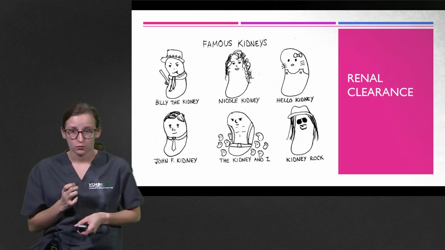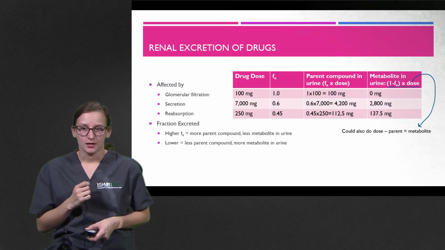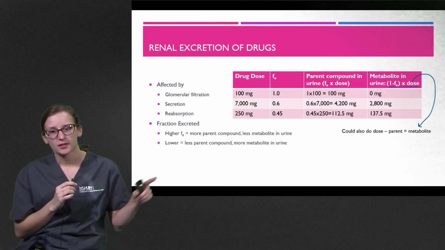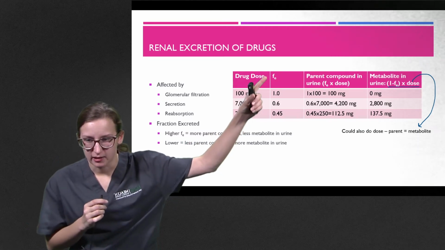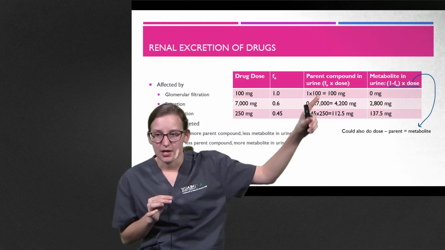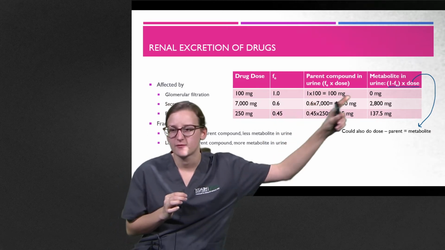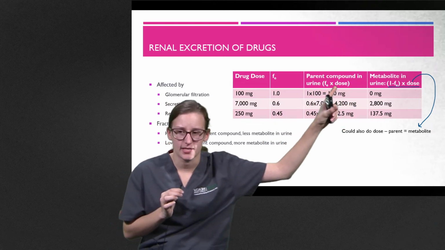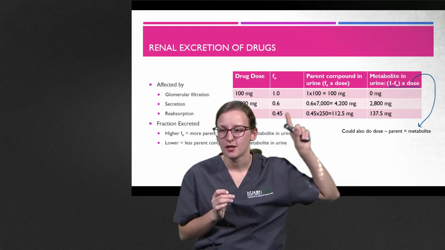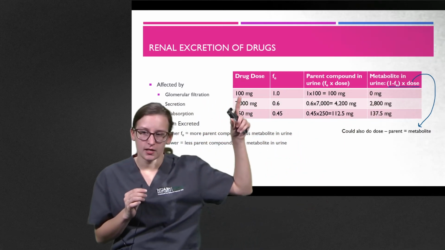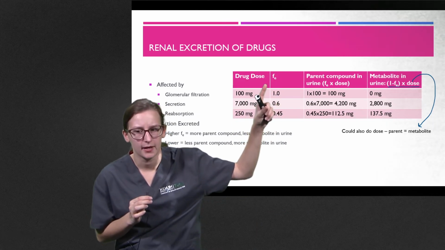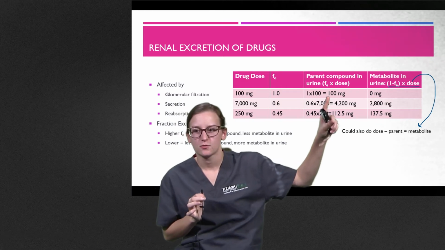All right, so on to renal clearance here. You might want to know generally how to calculate, if you're given the fraction that's eliminated and the drug dose, how much of the compound is eliminated as the parent compound versus how much is the metabolite. I've got general math here, but basically you take your drug dose and multiply it by the fraction of elimination, which refers to the parent compound, and you'll figure out how much is removed as parent.